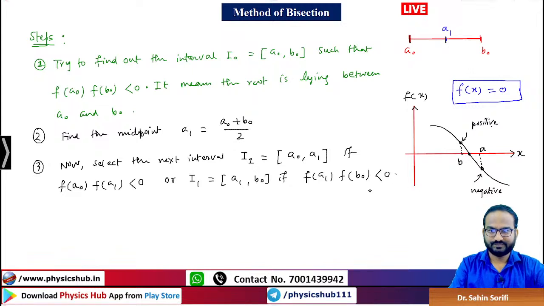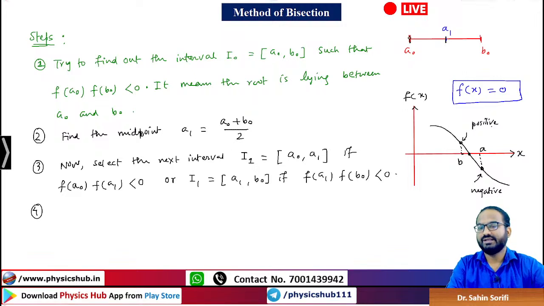Now the same process will be repeated. Next, let's say you get A0 A1. You will find the midpoint by using this formula, A0 plus A1 by 2, and then again you will check this to get the next intervals.